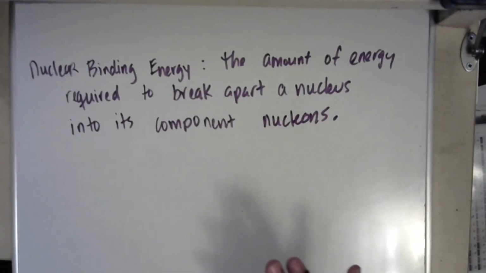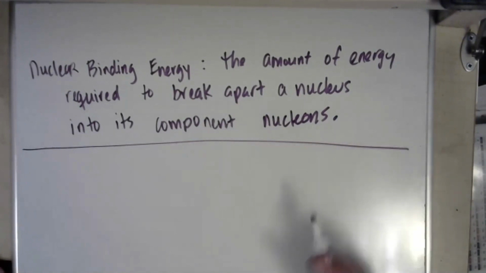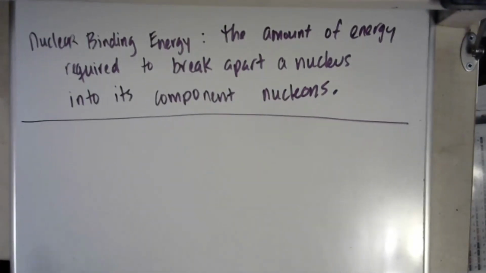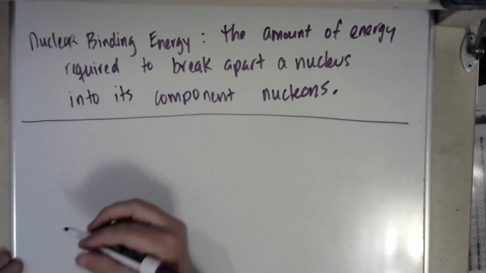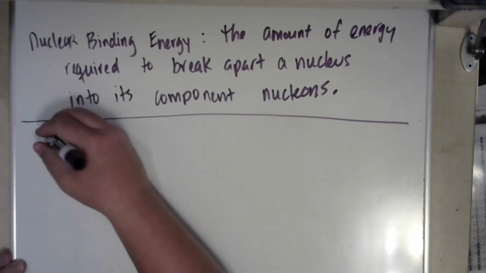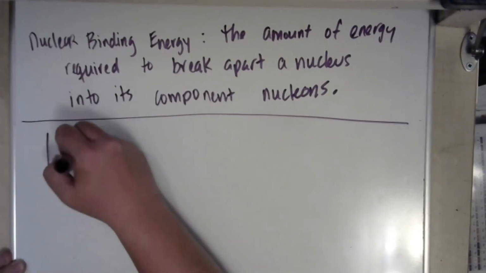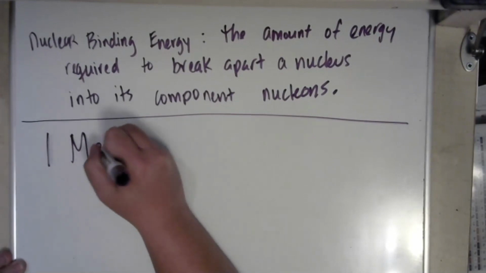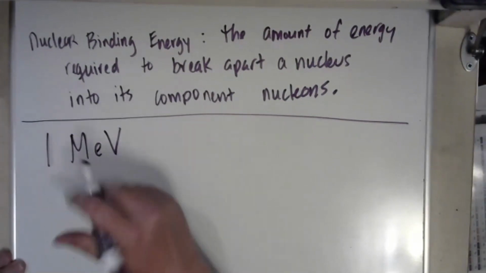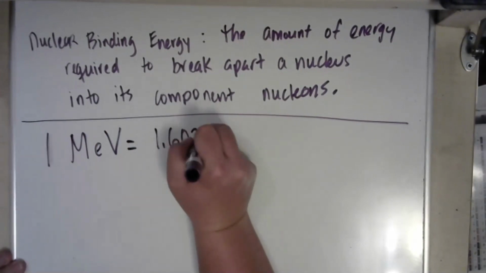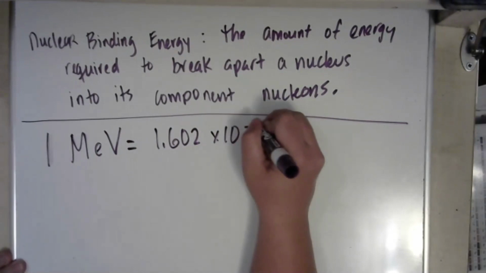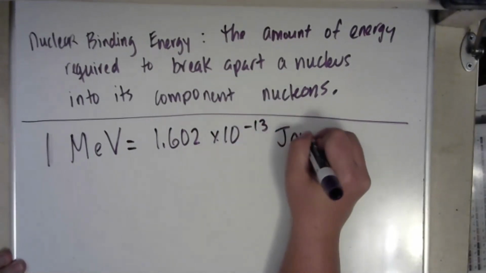One other piece of information that we'll need before we can look at these problems is the definition of the mega electron volt, because we're going to see energy in terms of joules or mega electron volts. We need to be aware that for every 1 mega electron volt, which is MeV, that's going to be equal to 1.602 times 10 to the negative 13 joules.